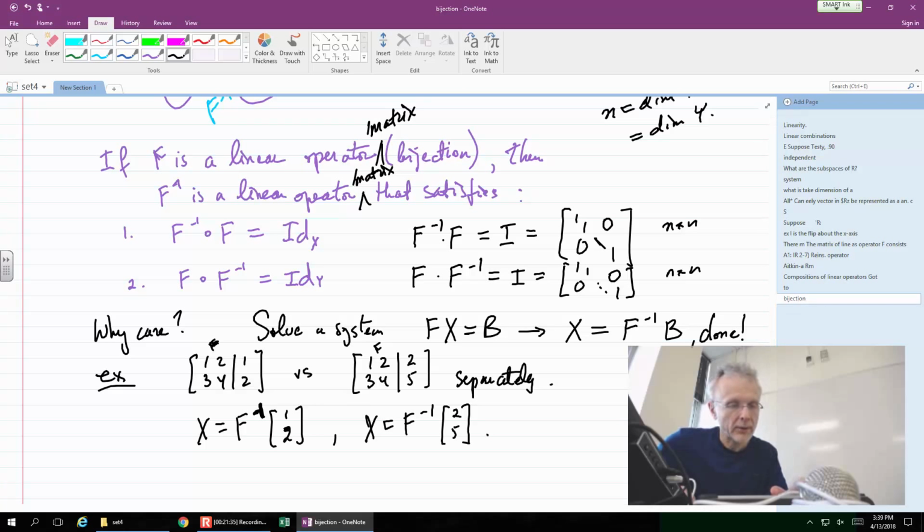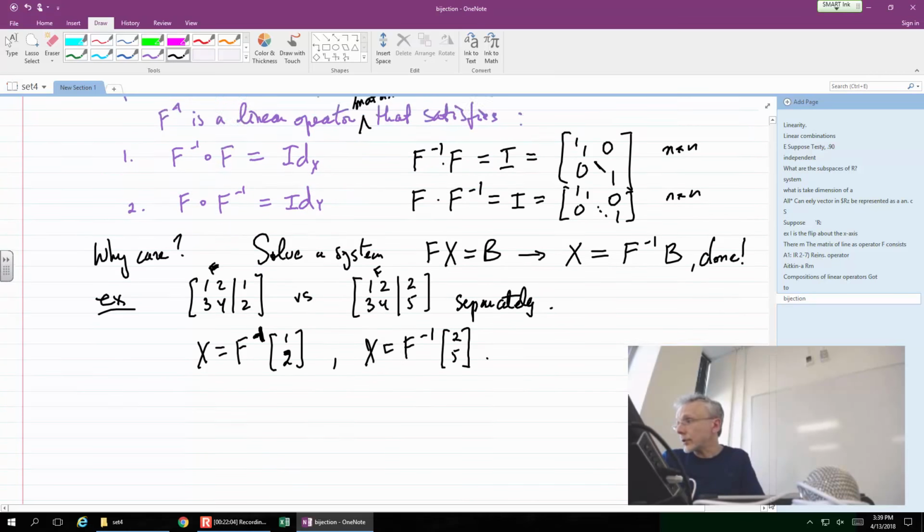Okay, so what remains is how to find the inverse. The problem certainly will be addressed if we have time, but it's not really that complicated if the dimension is small.